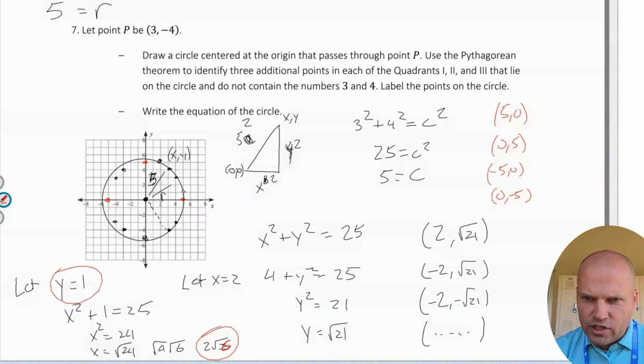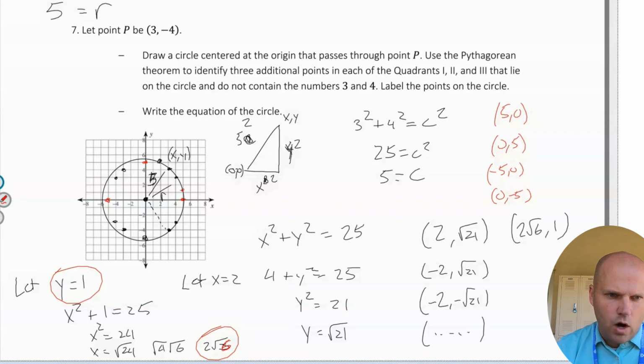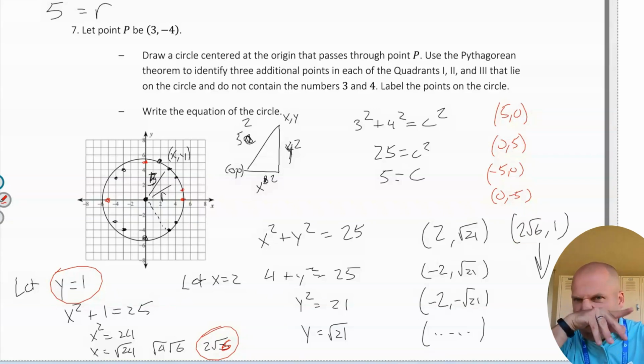There's some more points, like 2 root 6, comma 1, and all variations of that. You can have any combination. There's an infinite amount.